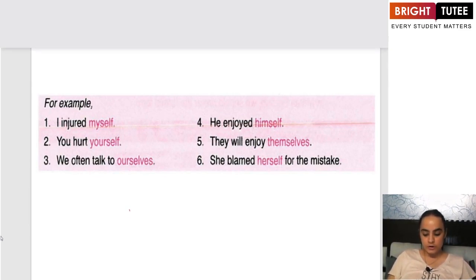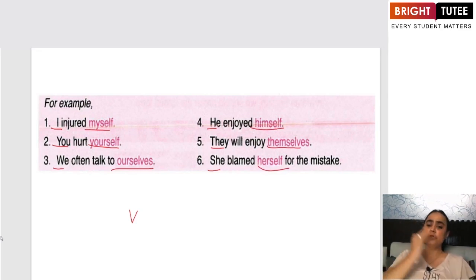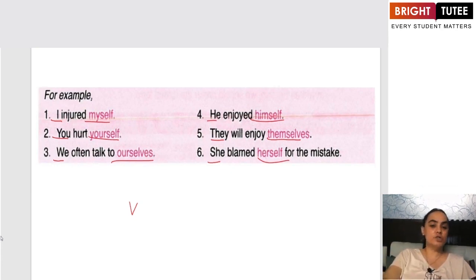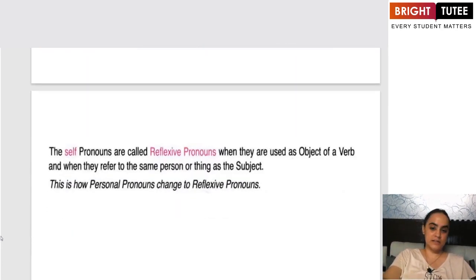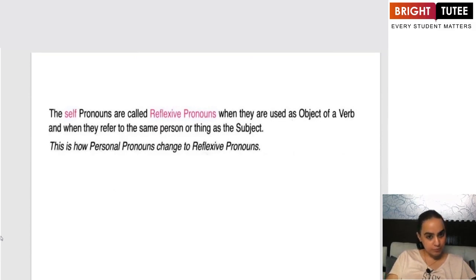You hurt yourself. You changes to, comes back in the form of yourself. We, ourselves. He enjoyed himself. They will enjoy themselves. She blamed herself for the mistake. So the subject gets back the entire action on itself. This is a reflexive pronoun.